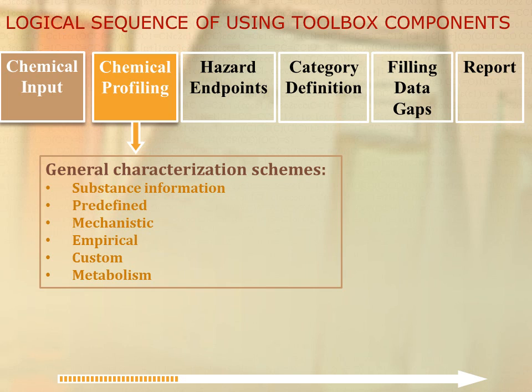But there are just a whole series of either predefined or custom models that are invoked quickly and in a flexible way to let you know right away, this could be a Michael type addition. This chemical will bind to proteins, this one won't. This one could bind to the ER receptor, this one won't, and so on, and just to simply profile the chemical very quickly.